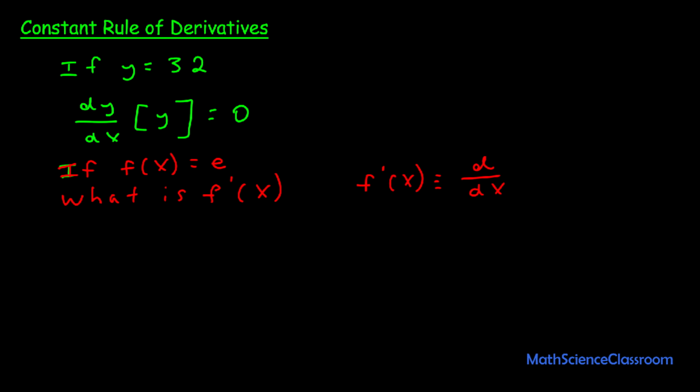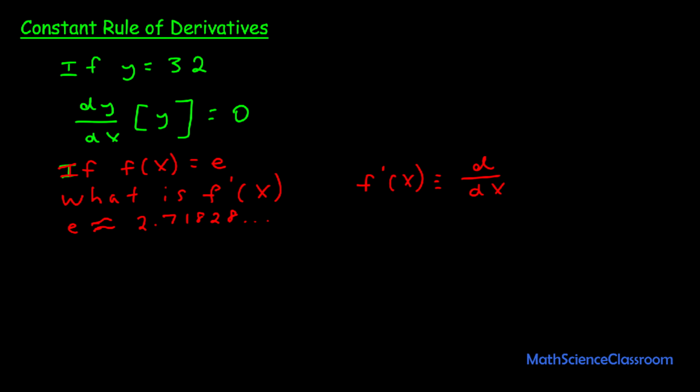Now, if you remember your previous work using exponents, we have a number called Euler's number, and Euler's number equals approximately 2.71828, and the number continues.